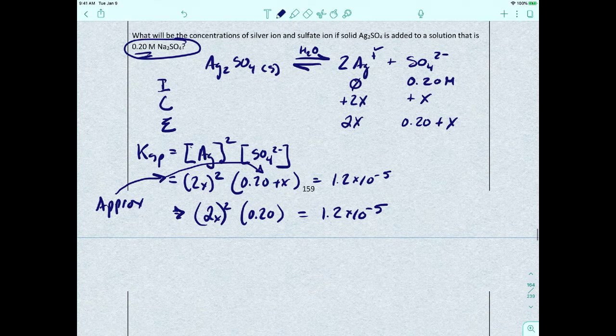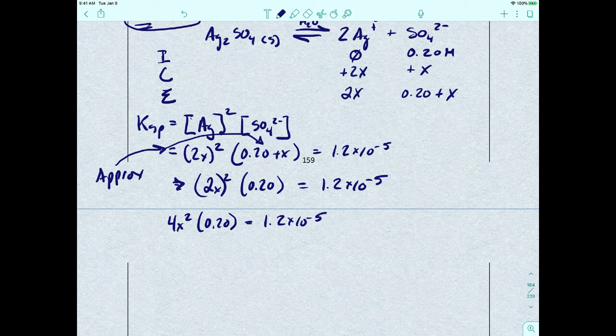2x times 2x gives us 4x squared times 0.20 equal to 1.2 times 10 to the minus fifth. If we multiply 4 times 0.2, that gives us 0.8x squared equal to 1.2 times 10 to the minus fifth.